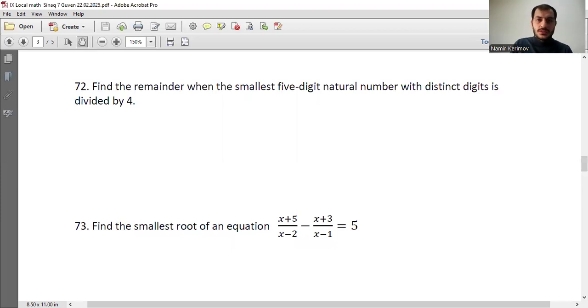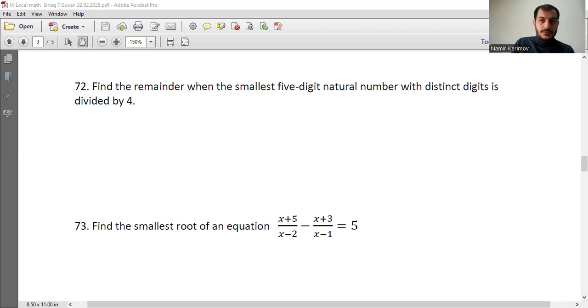Find the remainder when the smallest 5-digit natural number with distinct digits is divided by 4. Okay, so smallest, different digits and a 5-digit number. The smallest one should start with 1.